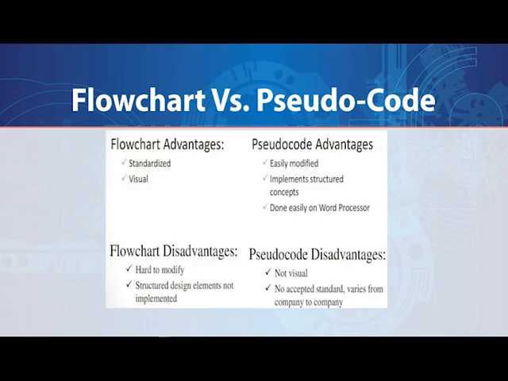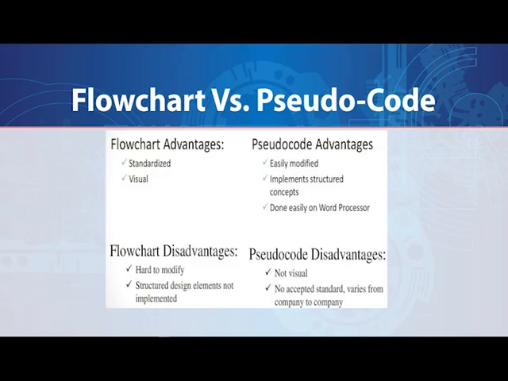You cannot alter it by just changing the text. So, that means you cannot modify a flowchart in a simple manner. But the pseudocode has a disadvantage that it is not visual. You are supposed to read between the lines to understand what each line is actually saying.